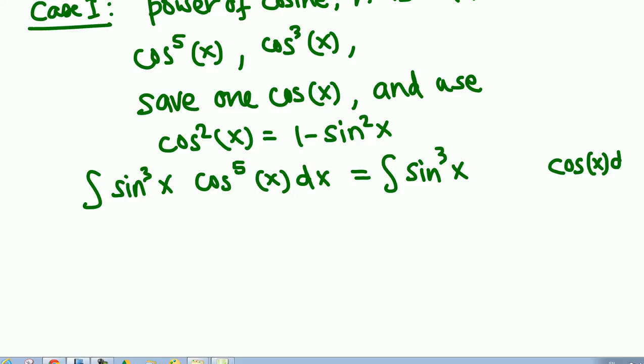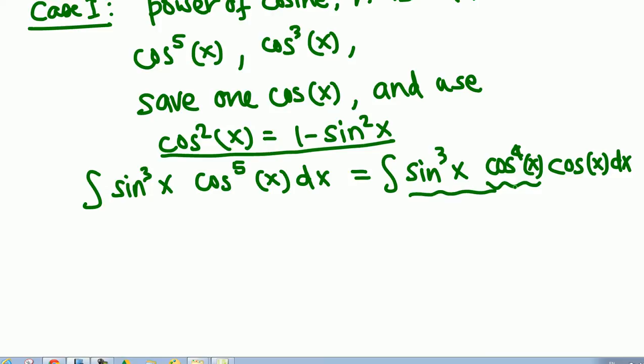Cosine 5, so 1 is there, so remaining is cosine 4. And we will change cosine fourth in terms of sine, because cosine fourth is the same as cosine square, quantity squared, and cosine square is given by 1 minus sine square. In any case, everything else will be in terms of sine.